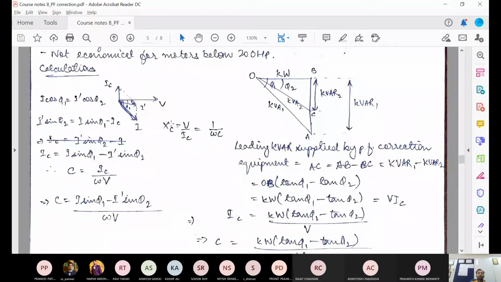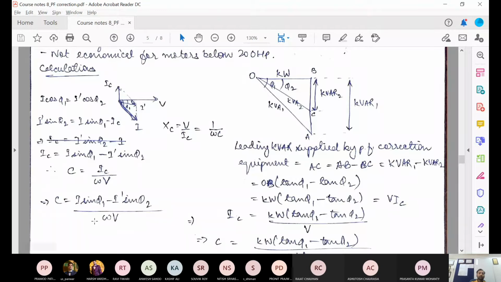And we know that this XC, or the capacitive reactance, is expressed as 1 by omega C, where omega is 2 pi F, and F is the frequency of the voltage and current in the circuit. So from this relationship, if you just transpose the quantities from one side to the other, you can say that the capacitance C is equal to IC by omega V. And that is what is given here.